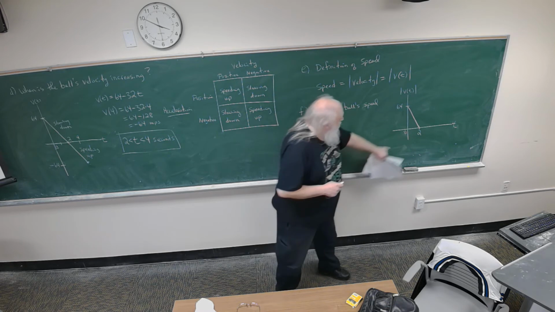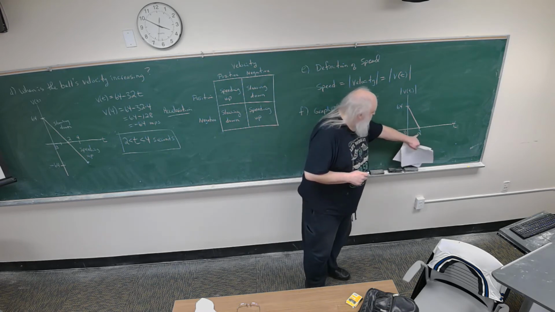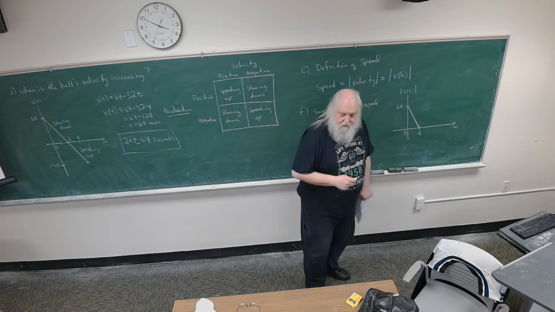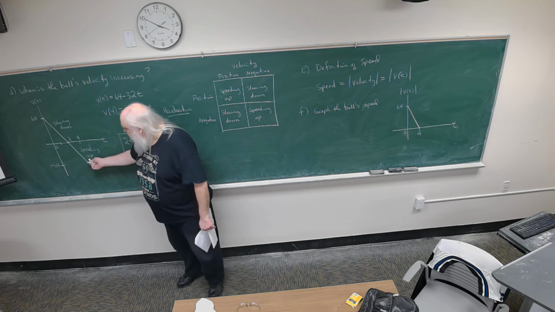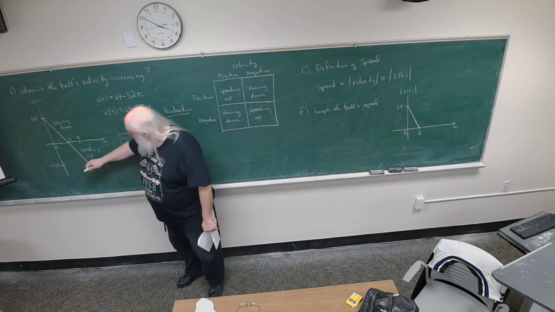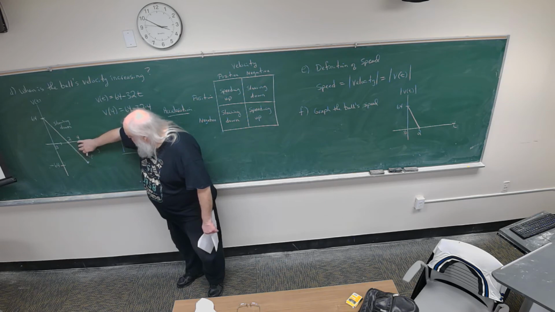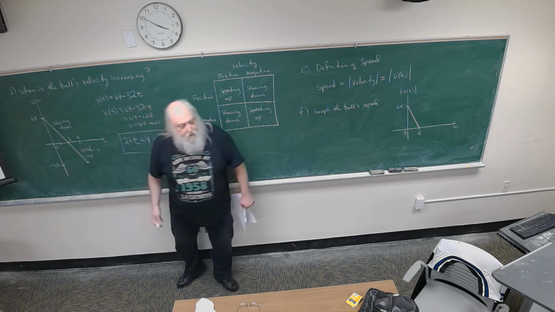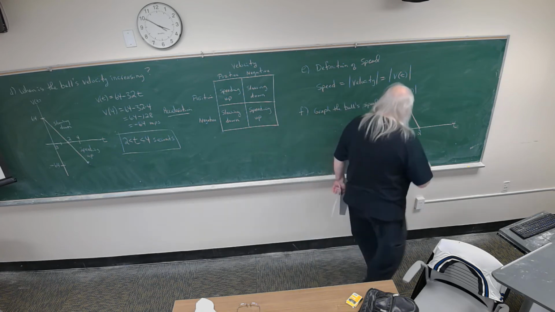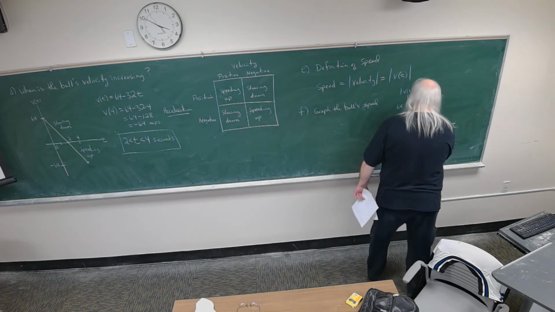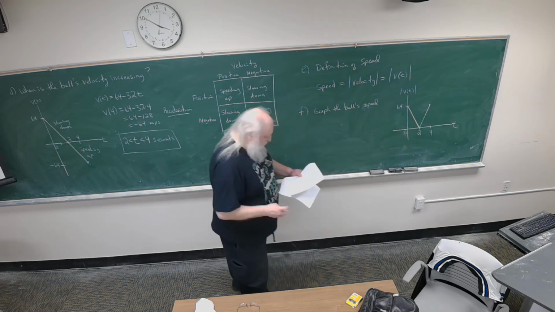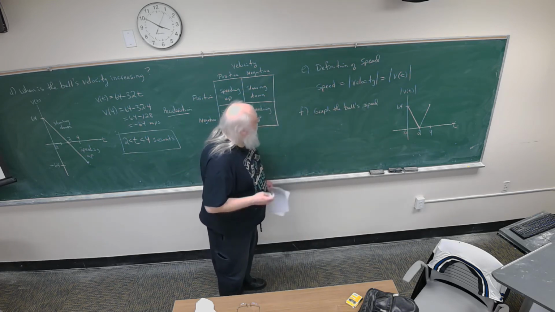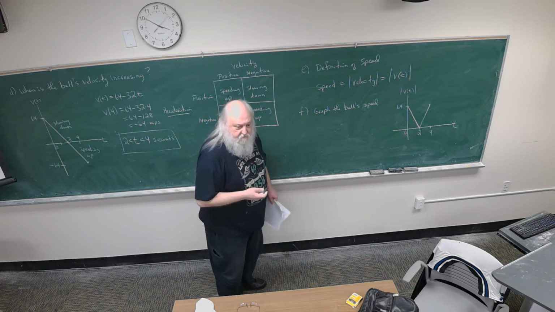Velocity is positive from t equals 0 to 2, so speed is positive. That's also the graph of speed. But for t equals 2 to 4, the velocity is negative and speed is positive, right? So the absolute value of the velocity function from t equals 2 to 4 flips that part of the graph above the t-axis. And so that's the graph of the ball speed as a function of time, right?